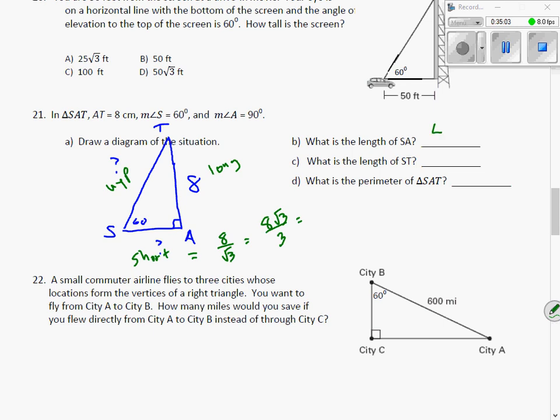Sounds about right. And then the length of ST, ST is the hypotenuse, it's going to be twice the short leg. So probably around 9.2 is what I'm guessing, unless we rounded wrong. So the perimeter, 8 plus 4.6 plus 9.2. How much?